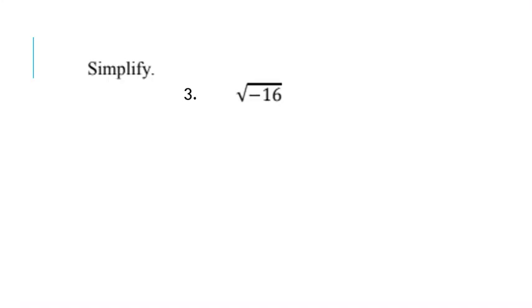Okay, let's try this one. Let me follow that last example. We've got negative 1 times 16. Let's split this out. So we're going to have the square root of negative 1 times the square root of 16. What's another name for the square root of negative 1? i. What's the square root of 16?